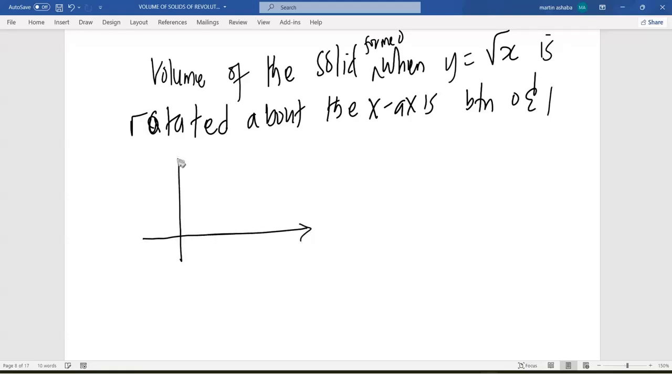We have the x-axis and the y-axis, and this curve y is equal to root of x is around here. So between 0 and, for example, 1, we want to see the volume of the solid that is going to be formed.